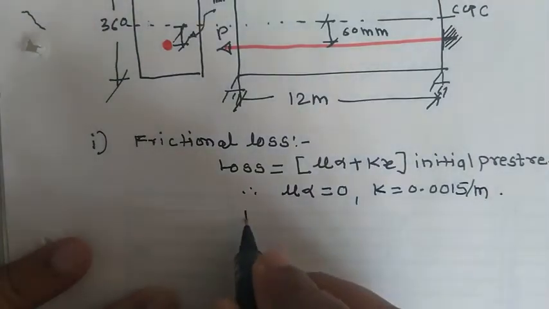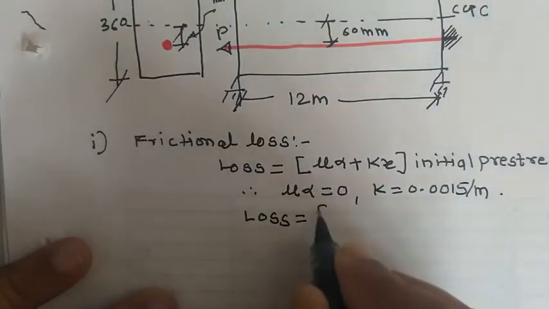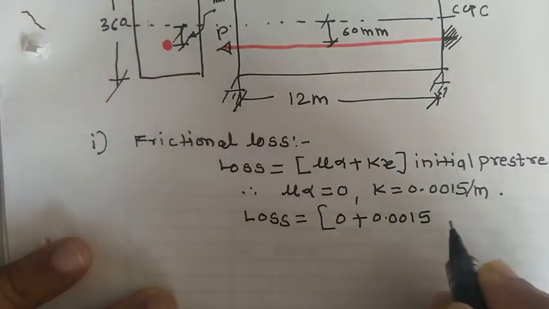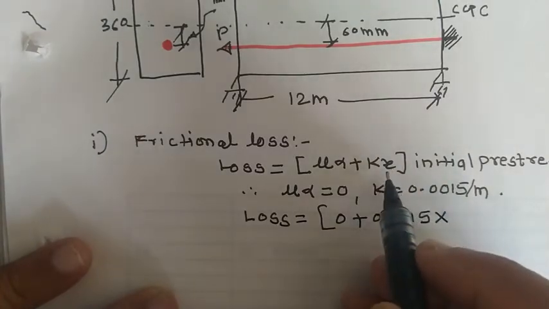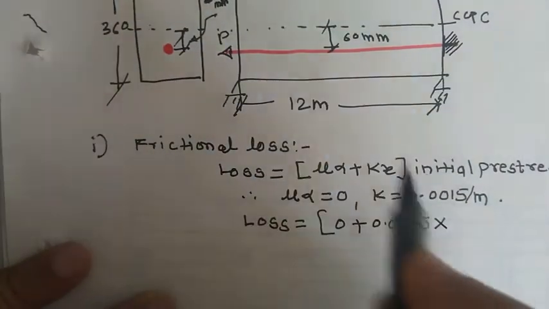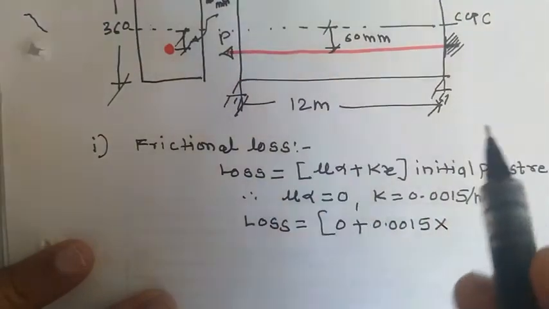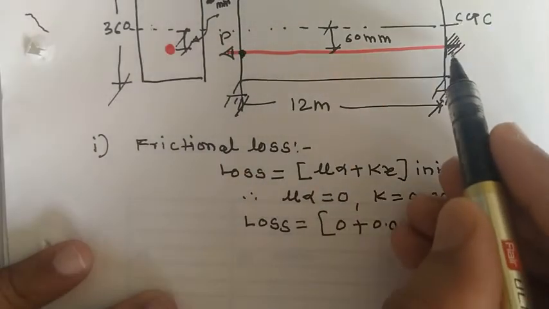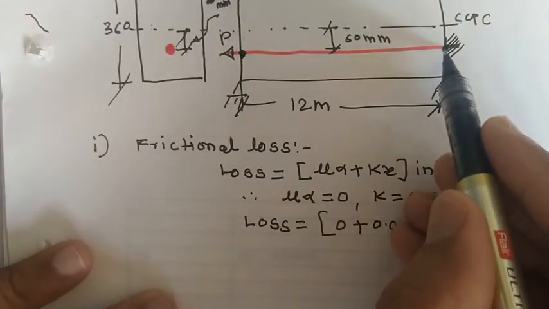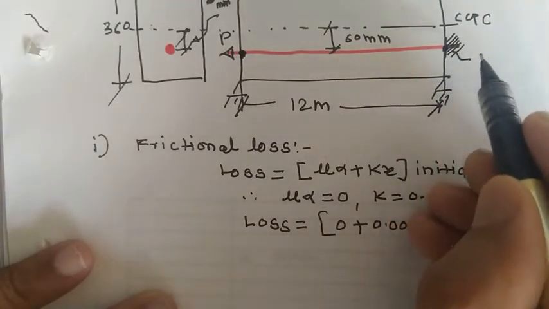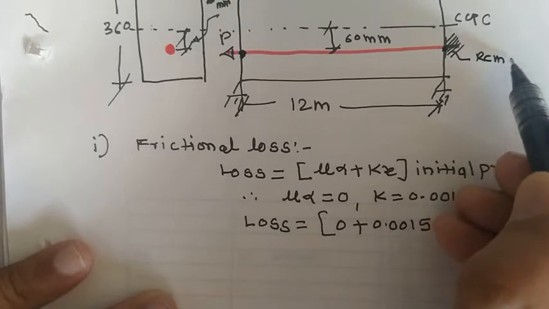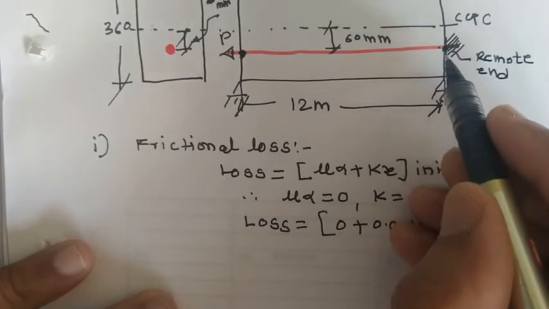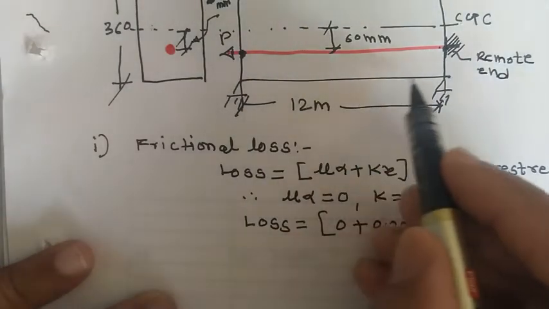So let us calculate the loss. This term is 0 plus 0.0015 multiplied by x. What is x? X is the distance from the jacking end where the maximum loss is developed. So consider this is the jacking end and this is the remote end. Always at the remote end the maximum loss is developed, so x is nothing but the span of the beam.